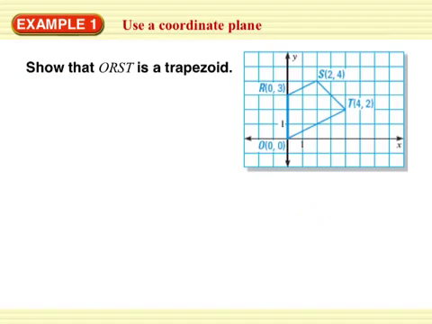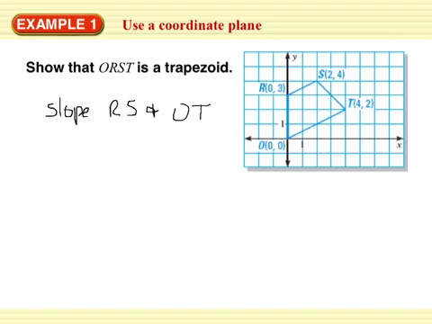Okay, our first example, using a coordinate plane, show that ORST is a trapezoid. So I see the two sides of the quadrilateral that I think may be parallel, because remember the definition of a trapezoid has exactly one pair of parallel sides. So I'm going to look at the slope of RS and OT. I'm just going to count it.